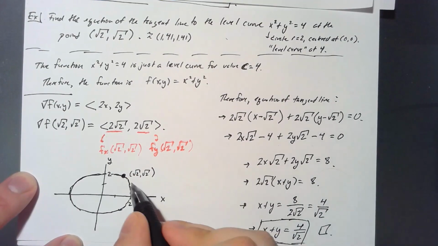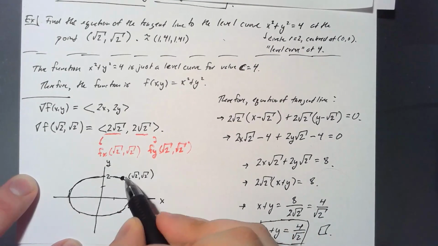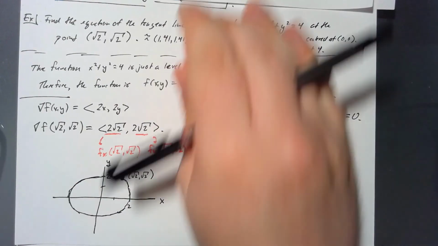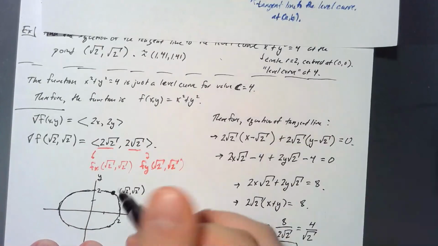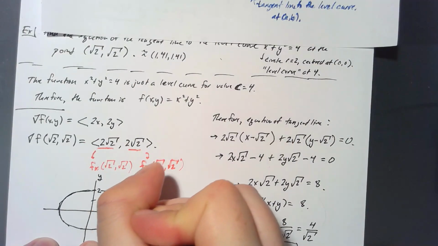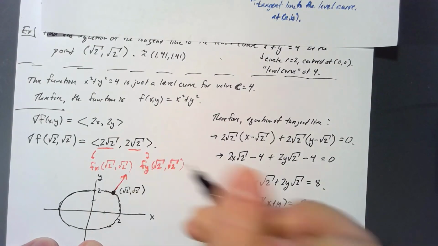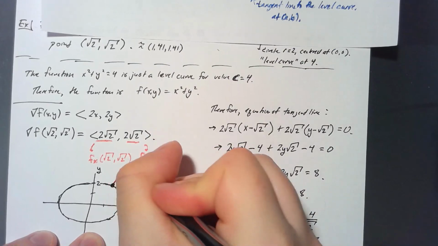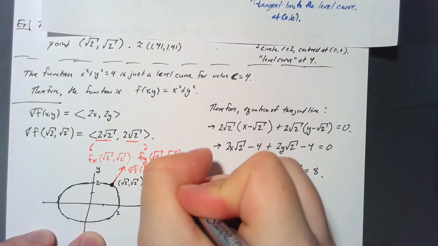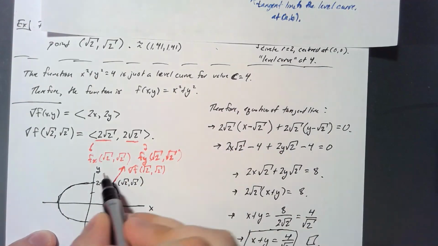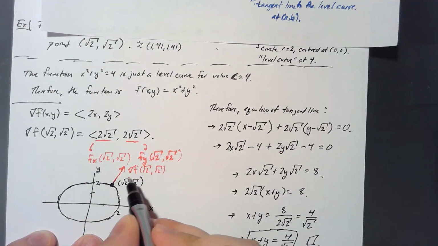Right? So the gradient of this is going to be perpendicular to that, right? Because I told you about that. It's orthogonal to the level curve. So the gradient there is going to be orthogonal to this. So that right there is the gradient of the function at root 2, root 2. I know this is kind of bleeding into here, but that's what I'm doing.